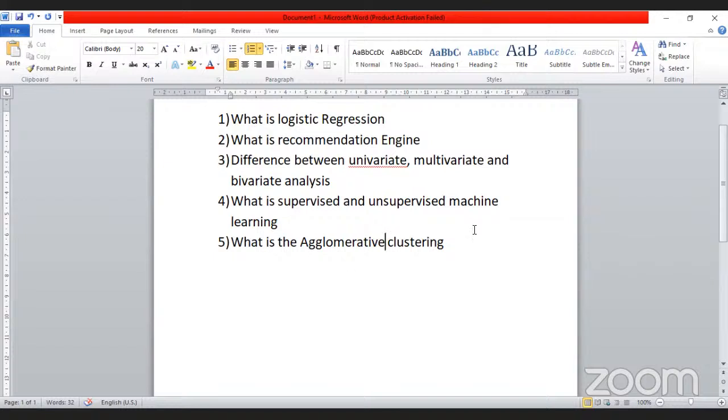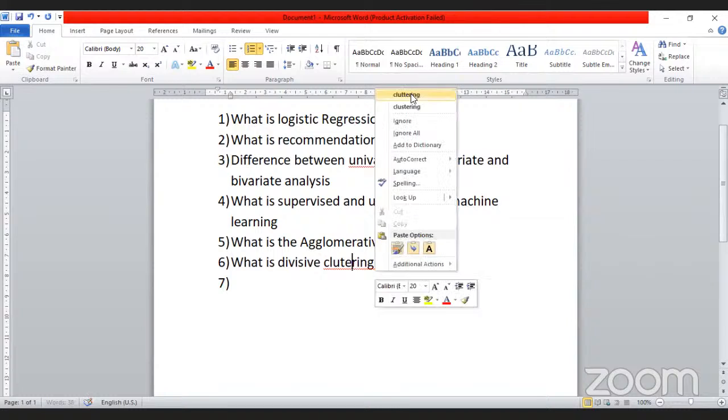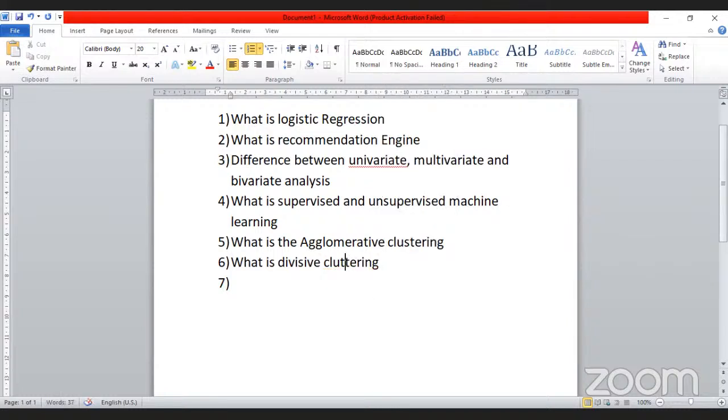Okay. Now the next question is, what is divisive clustering? Divisive clustering is exactly opposite to agglomerative clustering.